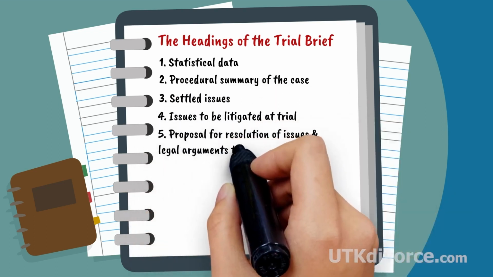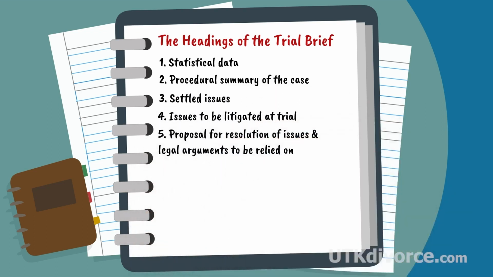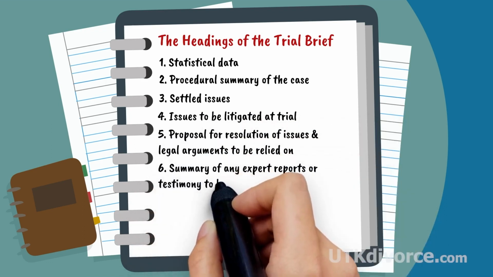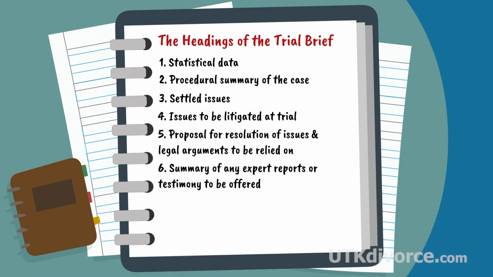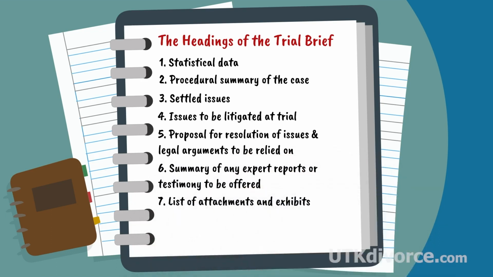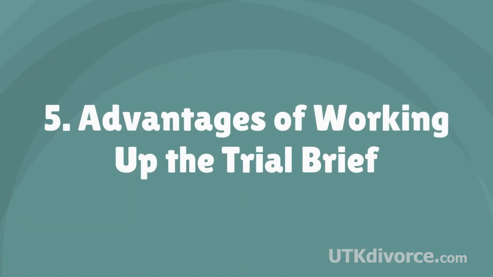Proposal for resolution of issues and legal arguments to be relied on. 6. Summary of an expert report or testimony to be offered. 7. List of attachments and exhibits. 8. Other matters. And 9. List of witnesses.